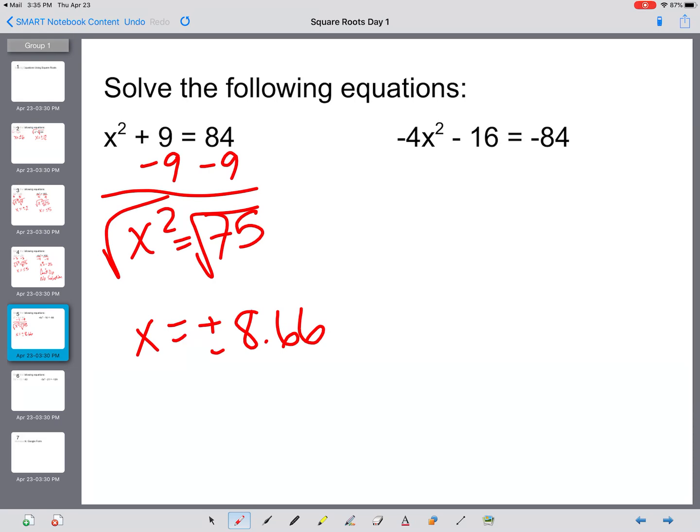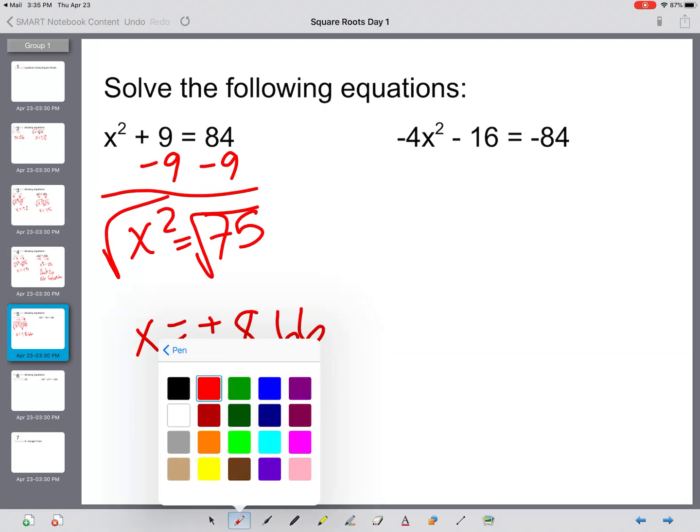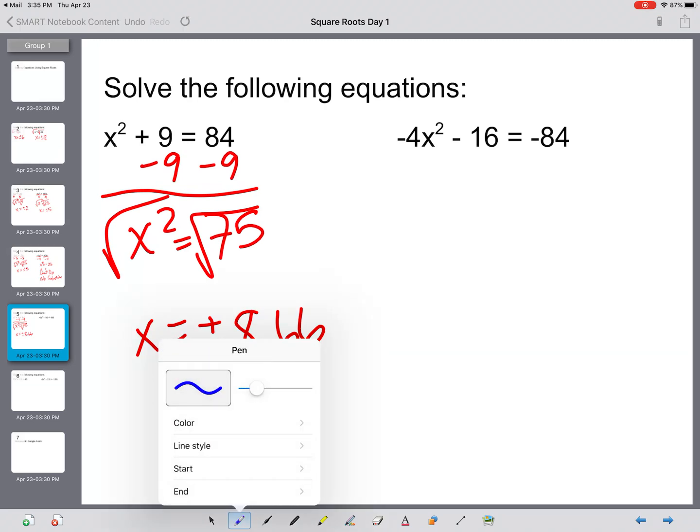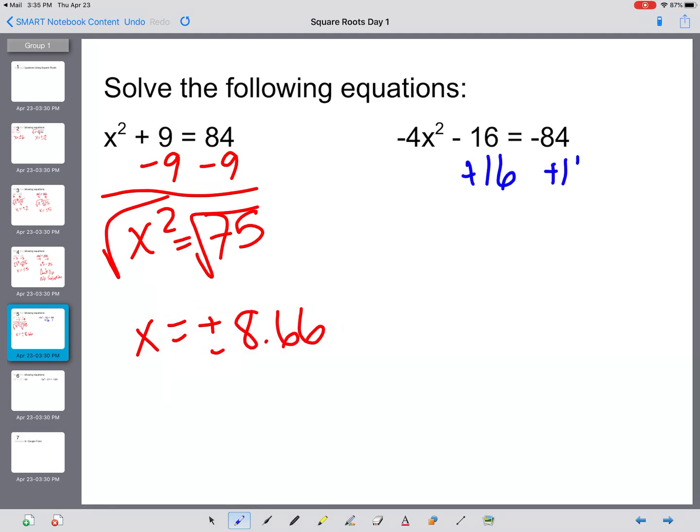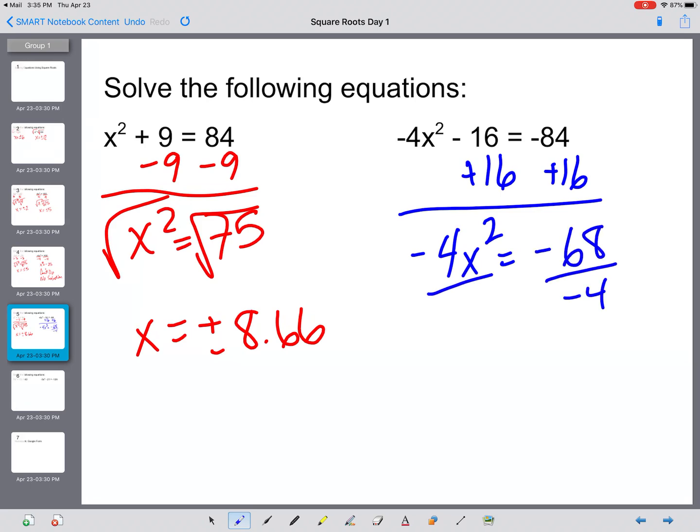Going to work out the next one. Heck, I'll even change color. Yeah, we'll go blue. I'm going to add 16. That's a bad negative. Negative 4x squared. Negative 84 plus 16 is negative 68. Divide by negative 4.